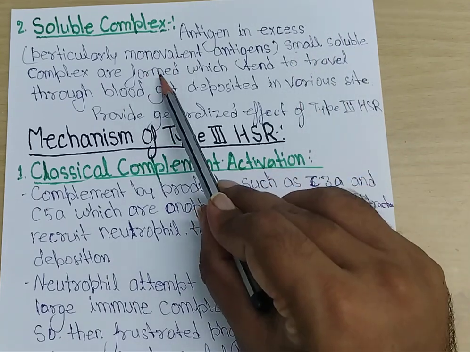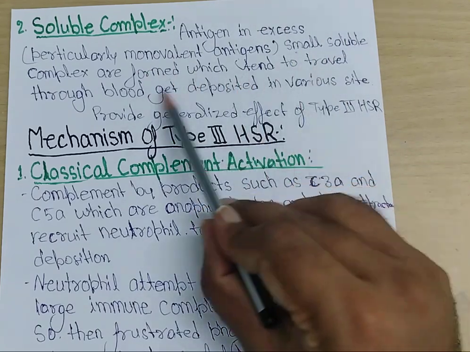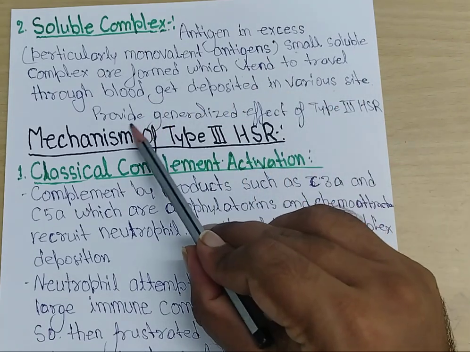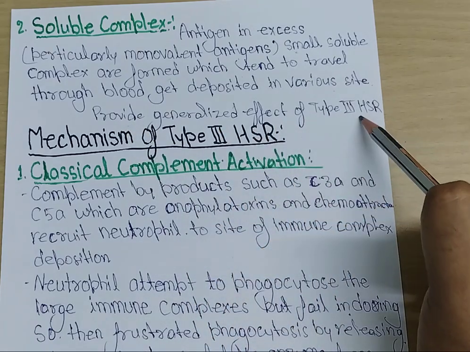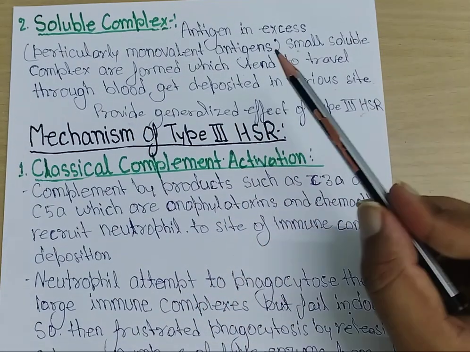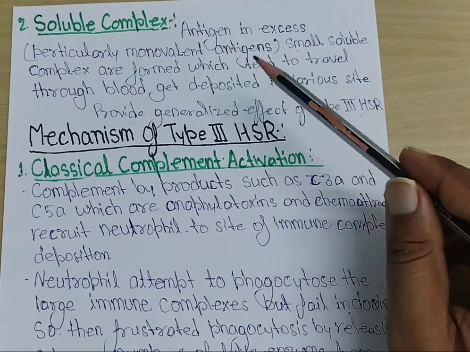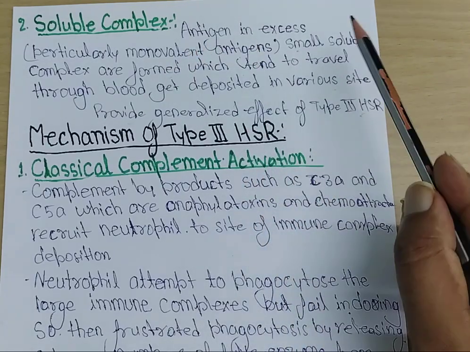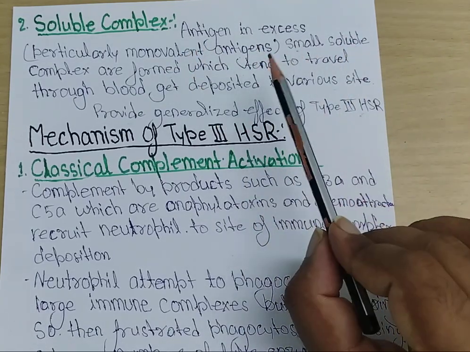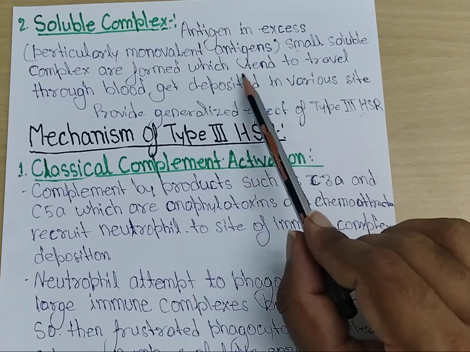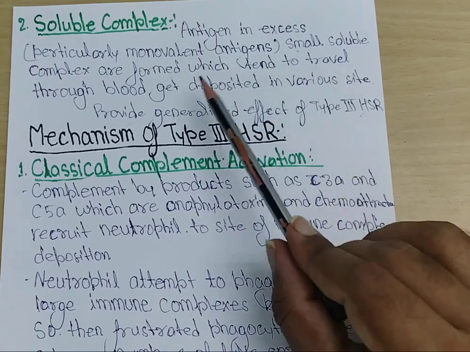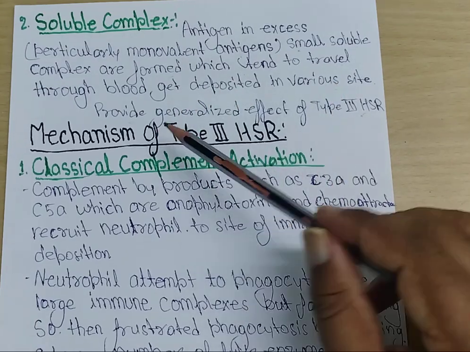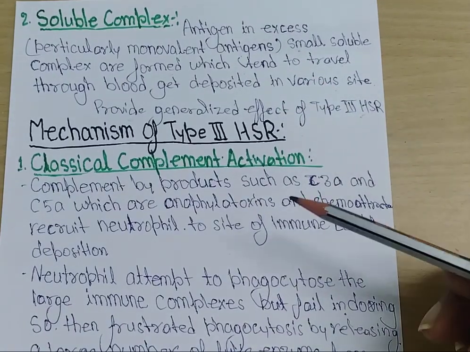Small soluble complexes of antigen and antibody are formed, which tend to travel through blood and get deposited here and there in various sites, providing a generalized effect of type 3 hypersensitivity reaction.